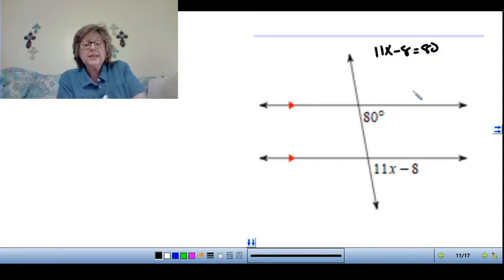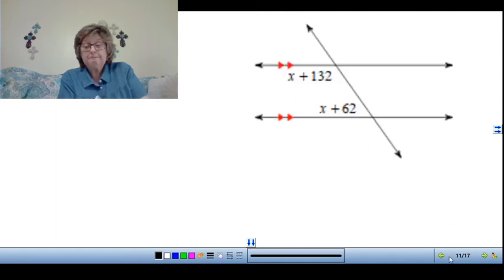I'm going to add 8 to both sides, so 11x equals 88. Now I divide through by 11, so x turns out to be 8.